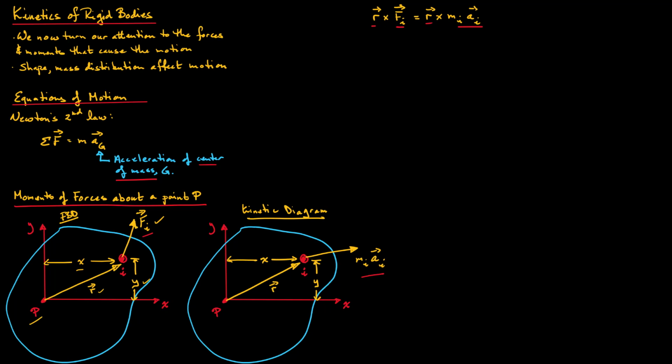So the left-hand side is just the net moment on particle I, so we can just write this as MPi, the moment about point P due to an external force at point I. And remember, moments are also vector quantities. And so this will be equal to the right-hand side, which is r crossed with mi ai.